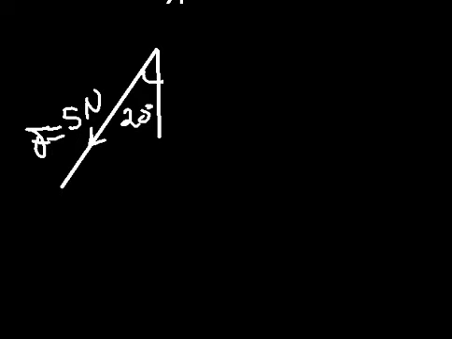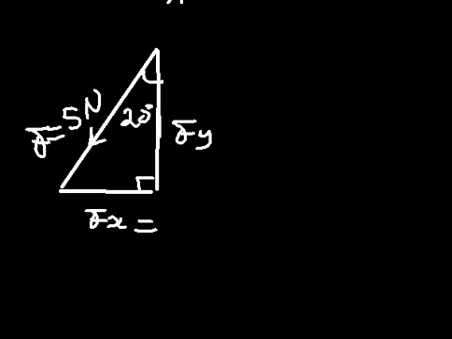So now the principle remains the same. Since the angle is against the y-axis, it means along the x-axis. So this is Fy, this is Fx, where the directions will be in this way.